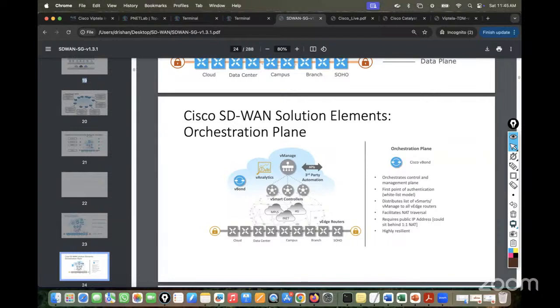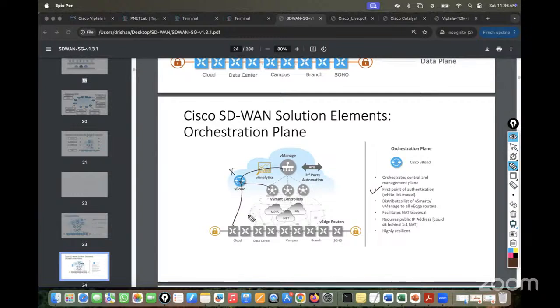All right, thank you. So you can see here we have the orchestration plane, management plane. Anurag, please mute yourself. So you can see here the orchestration plane, that is also known as the management plane, right? And here basically you can see the first point of authentication: if any device wants to join the fabric, it must be authenticated by the vBond. If vBond fails to authenticate, it will not join the fabric. That's the first point of authentication.